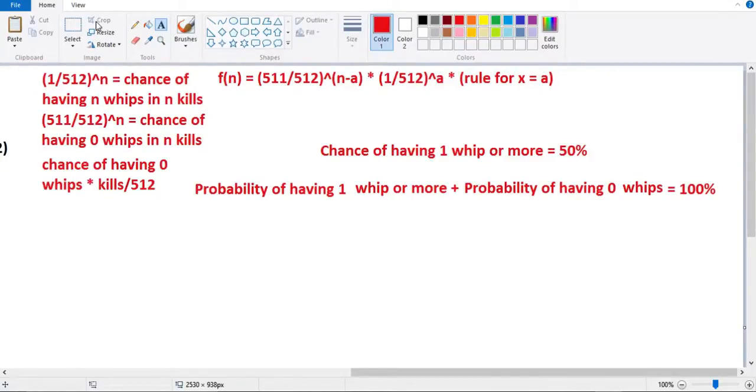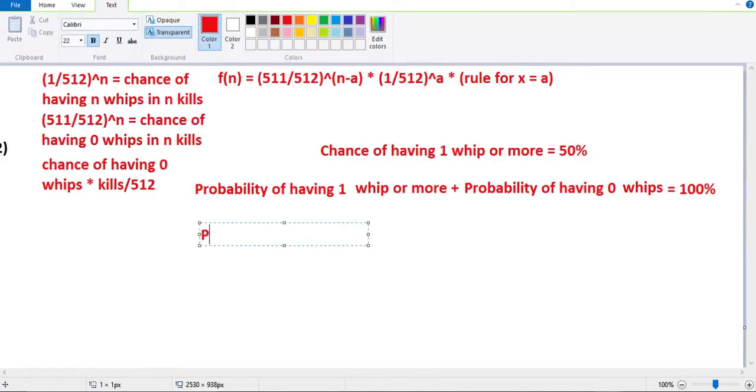So now, since we are looking for this term, and we have a way to find this one, what we want is to express this in a number so that we can find the value for this. So, let's call this probability 1 plus: the probability of having one whip or more, plus the probability of having 0 whips, which is 511 divided by 512 to the n, equals 100%.